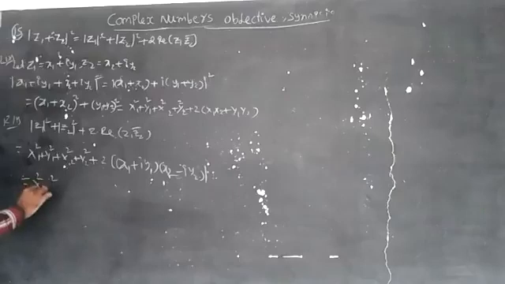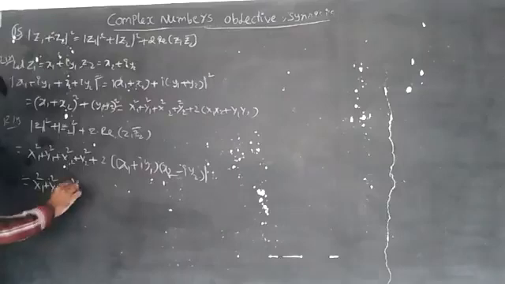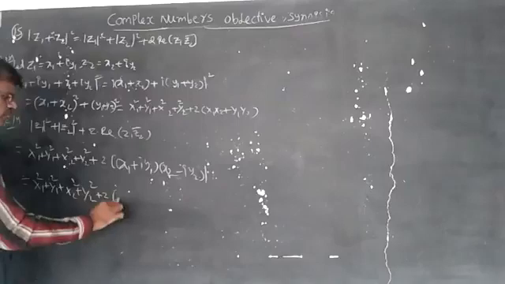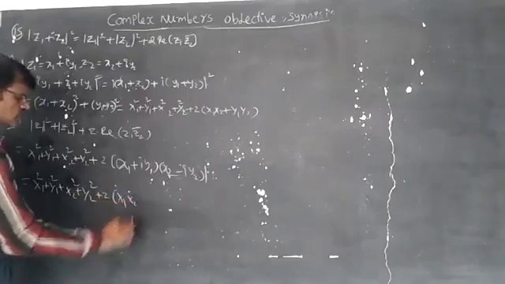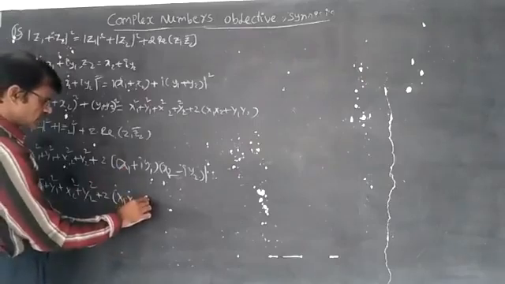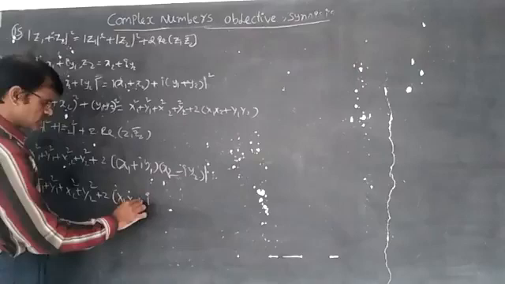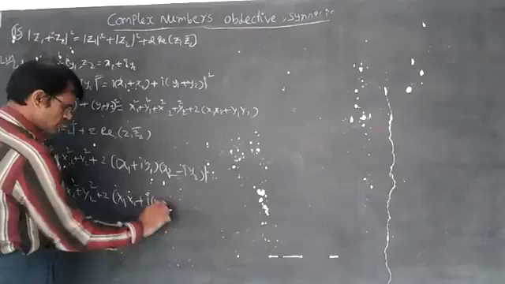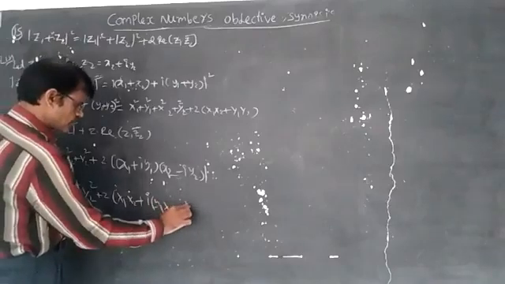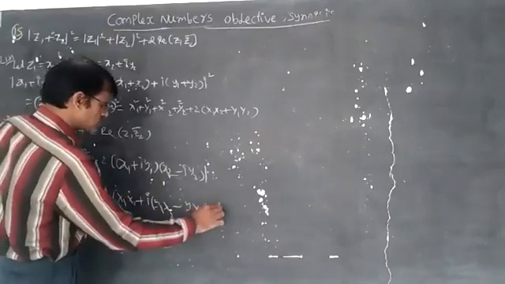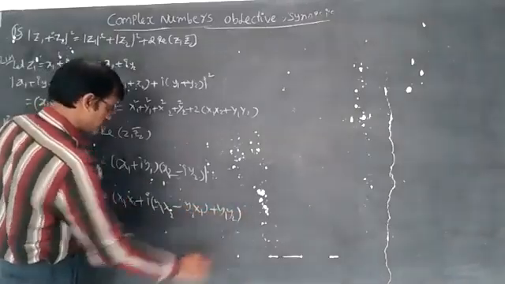So this can be written as x1² + y1² + x2² + y2² + 2 times the product. It becomes x1 x2 plus i(y1 x2 - y2 x1), and i square becomes minus 1, so we get plus y1 y2.